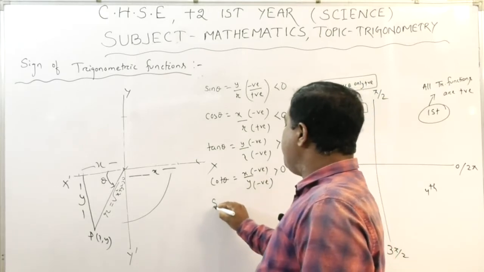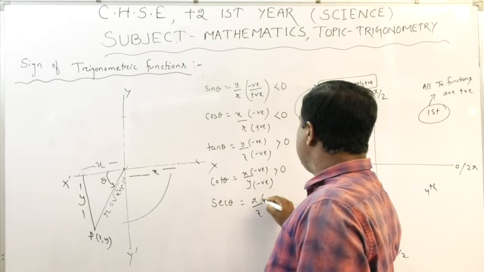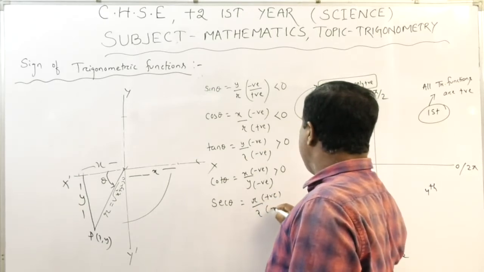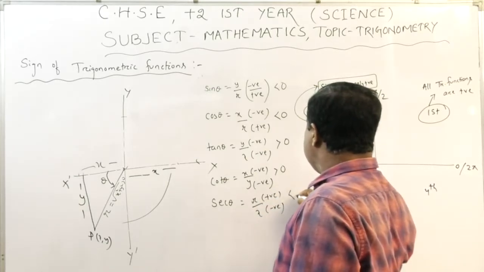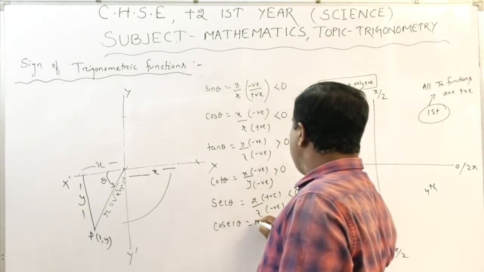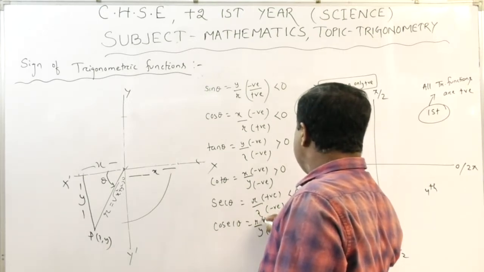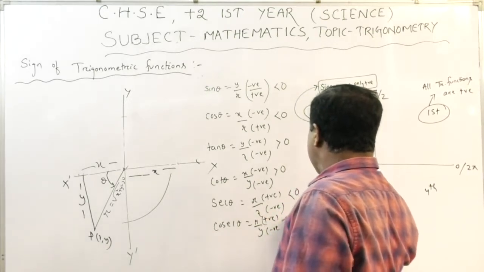Sec theta is r on x, positive upon negative, so it is less than 0. And cosec theta is r upon y, positive and negative, so the total quantity is a negative value.